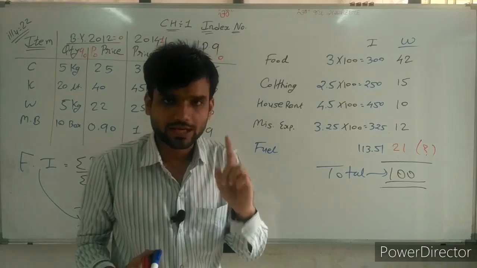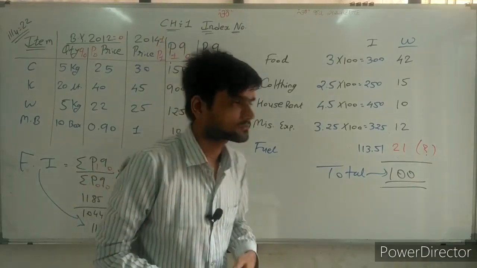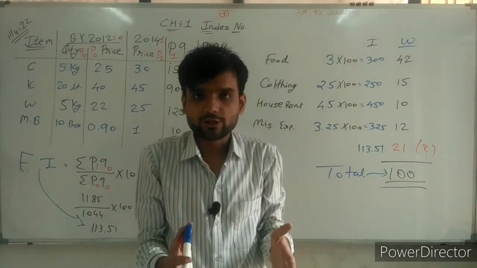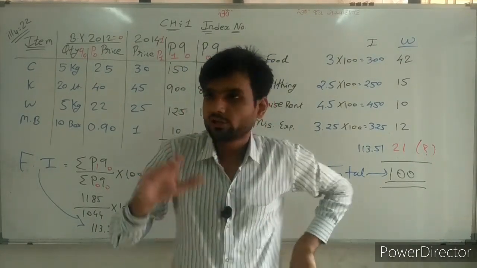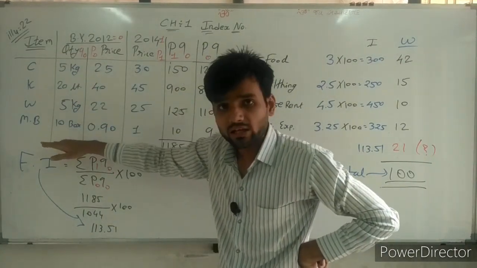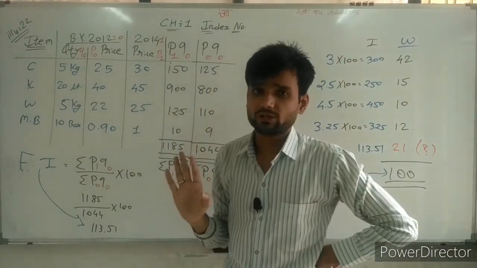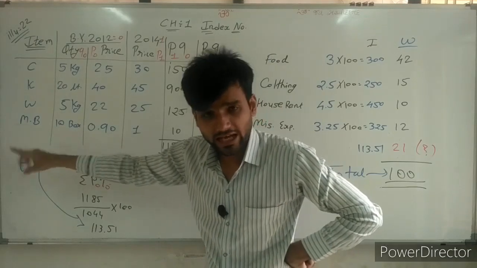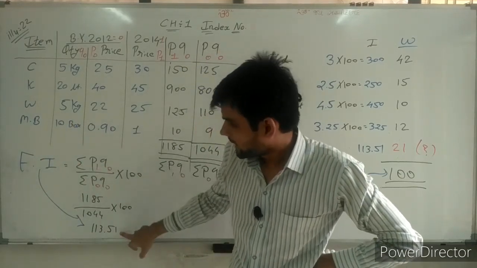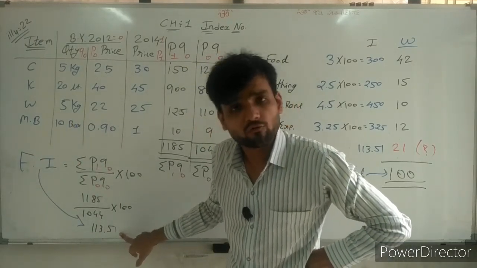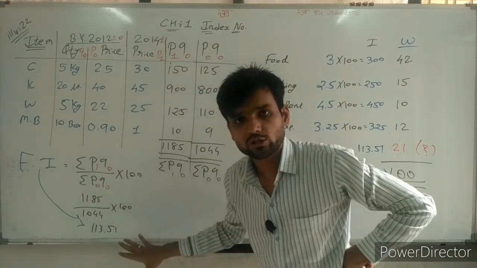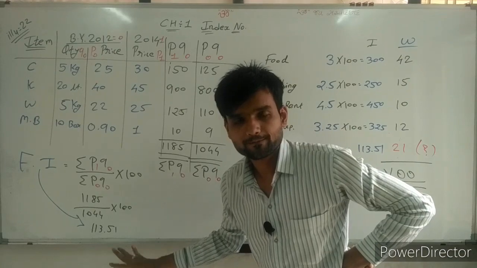Now again, try to understand one thing. What is the question actually? In the question, fuel items and their related information are given. On the basis of the fuel items and their information, I have to find the index number of fuel. So the fuel index number is already found here.